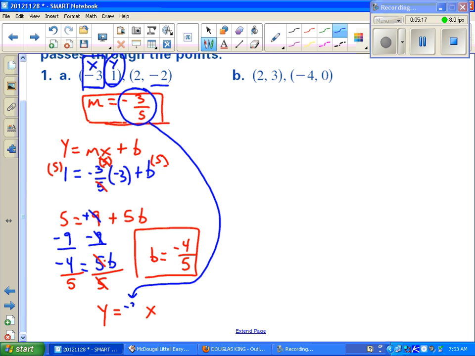And we're going to plug in our b value, which we just found is negative 4 over 5, right there. So that's like plus a negative 4 over 5, which is the same thing as minus 4 over 5. So the final answer for number 1 is y equals negative 3 over 5x minus 4 over 5.